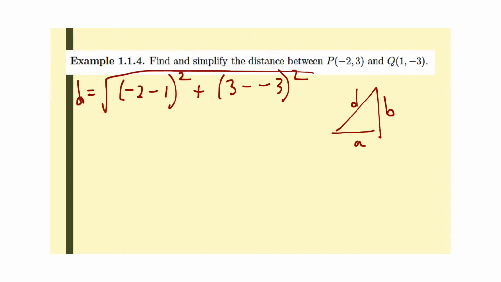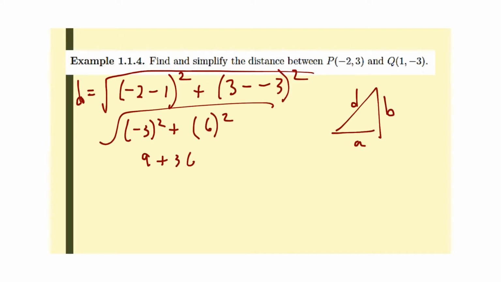So that's -2 minus 1, that's -3 squared. And that's 3 minus -3, so that's 3 plus 3, so that's 6 squared. So that's 9 plus 36, so that's 45.